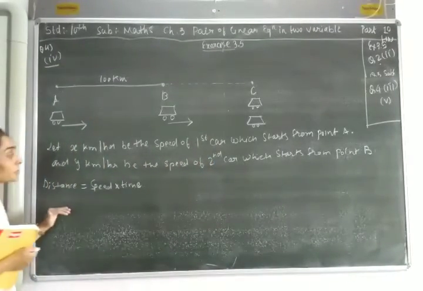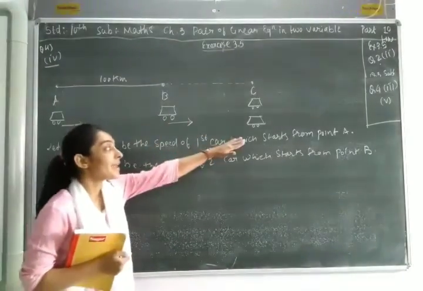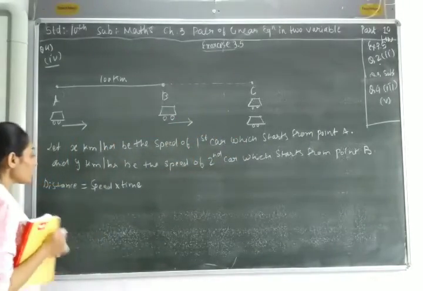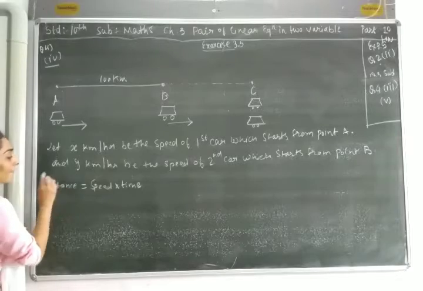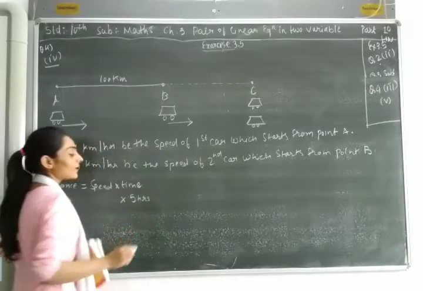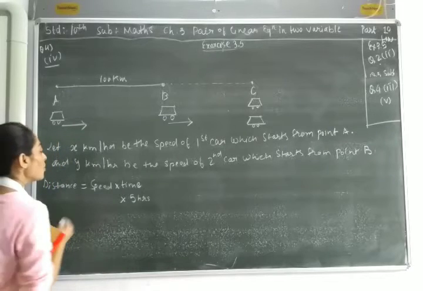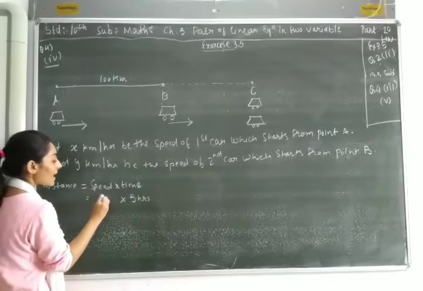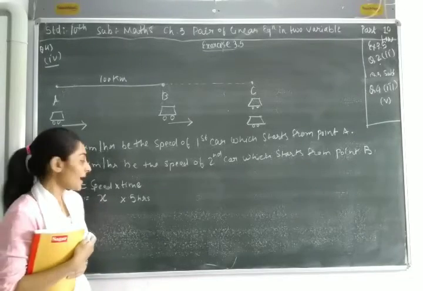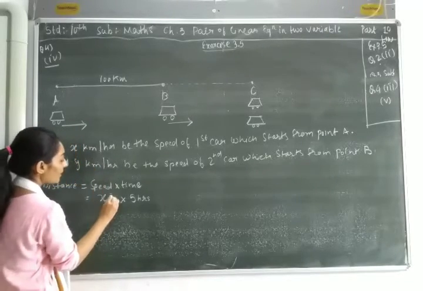Now, the question says after 5 hours they meet at some point. So the time taken is 5 hours. We don't know the speed. So for car A, the speed is x kilometer per hour.